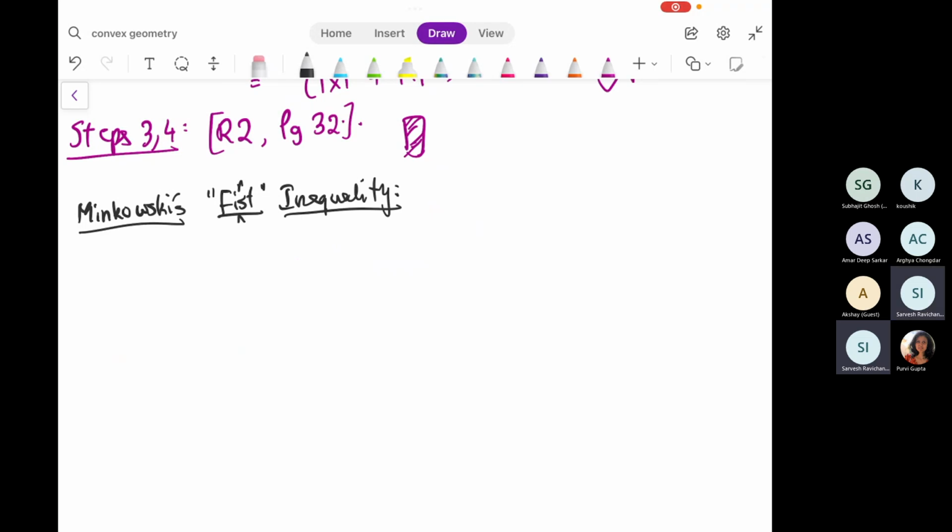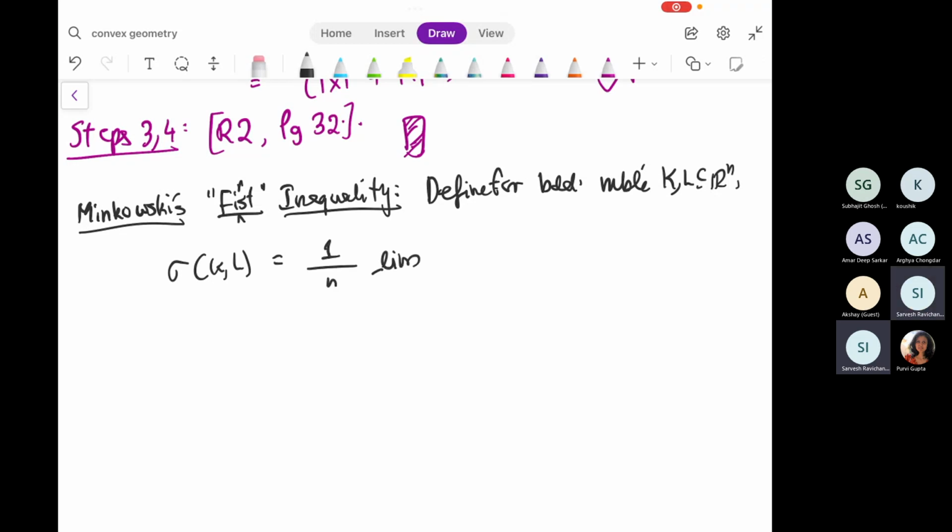So it states the following. You define this particular quantity, which you can think of as a kind of modification of the perimeter, for bounded measurable K and L subsets of Rn, the following quantity. You have sigma of K comma L is 1 by n, limit as epsilon tends to 0.